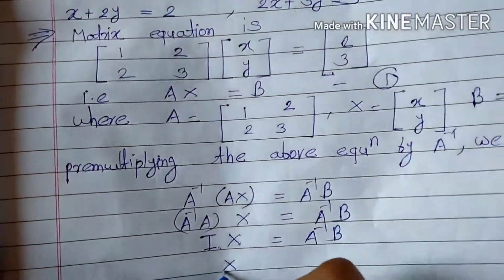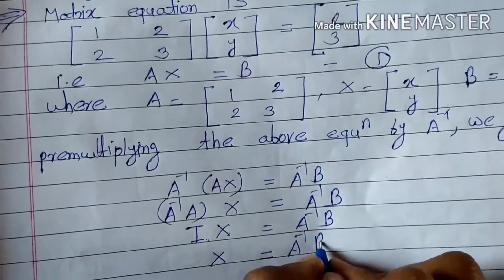Identity matrix into X is equal to X. So X is equal to A inverse B.